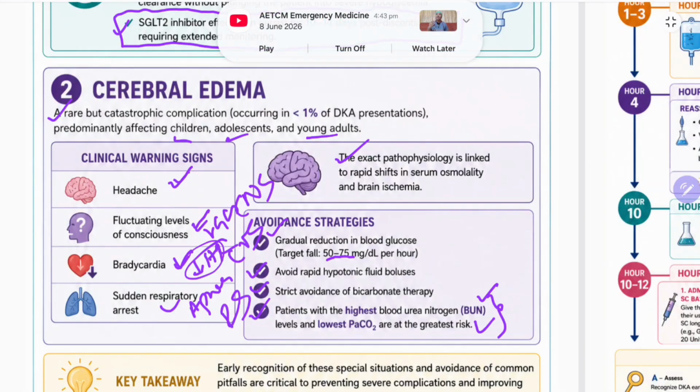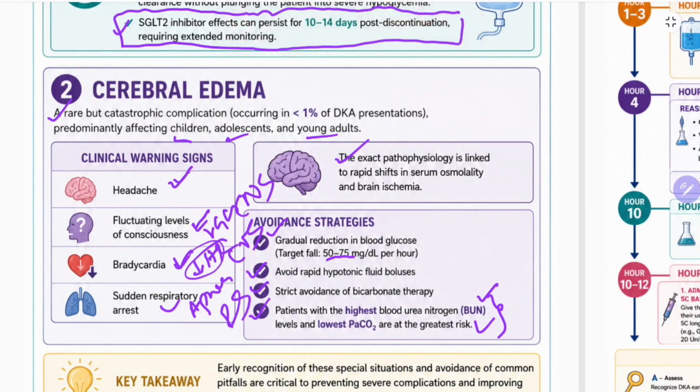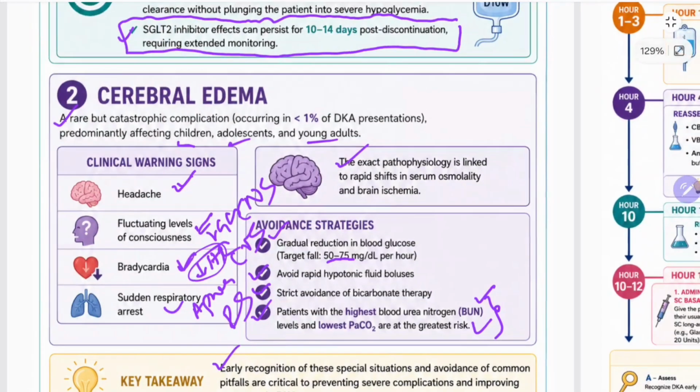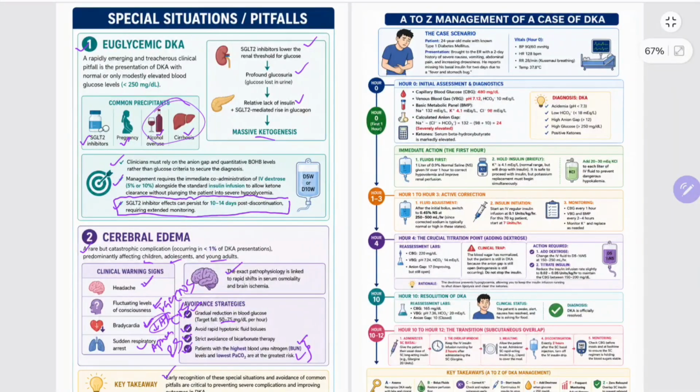Okay, so BUN and PCO2 level, venous blood gases and BUN levels. We should avoid bicarbonate, rapid glucose fall, and hypotonic fluid solution. Early recognition of these special situations and avoidance of common pitfalls are important to preventing severe complications and improving outcomes in diabetic ketoacidosis.